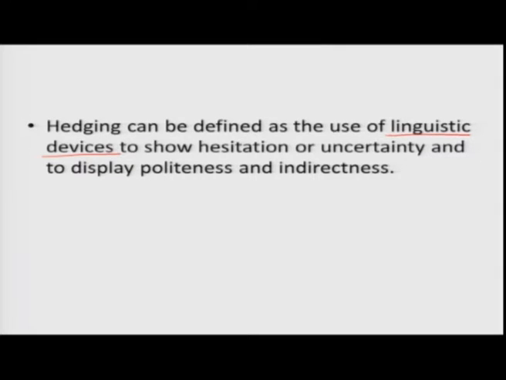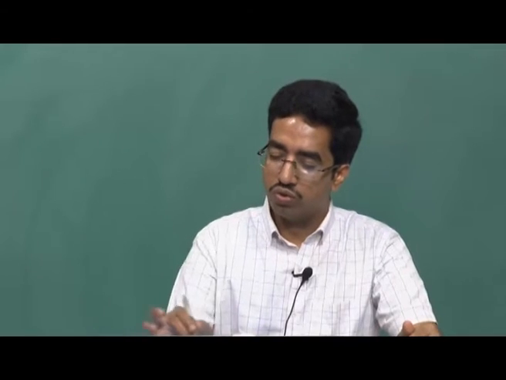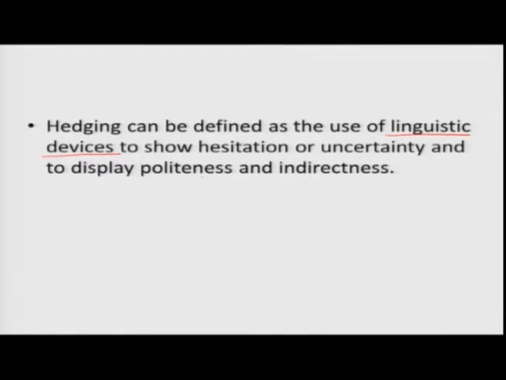These could be a single word or a phrase, a verb, an adverb, a noun, but the purpose here is that you want to be polite, and you do not want to make a very bold claim; you want to be cautious.